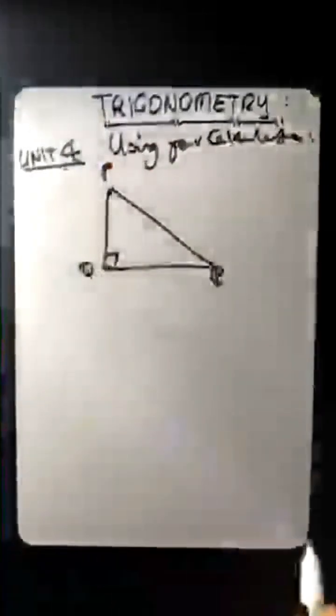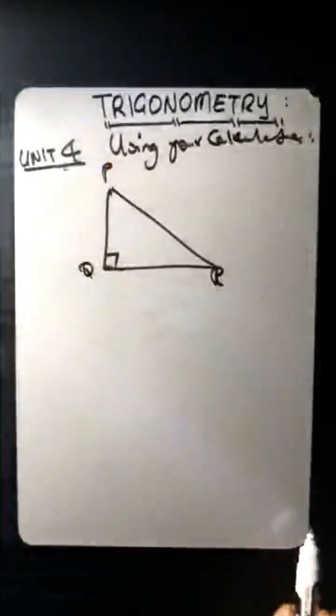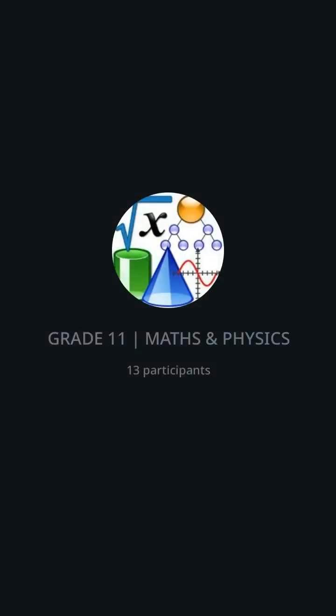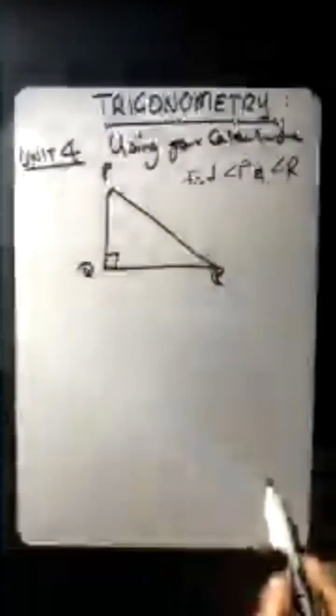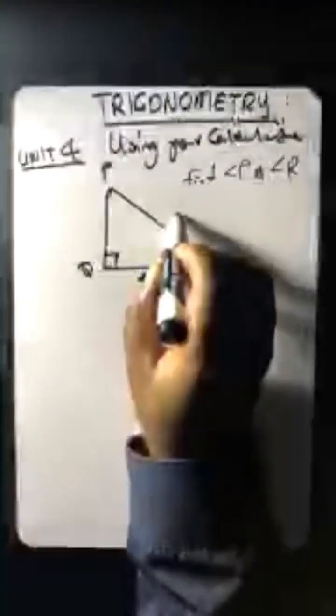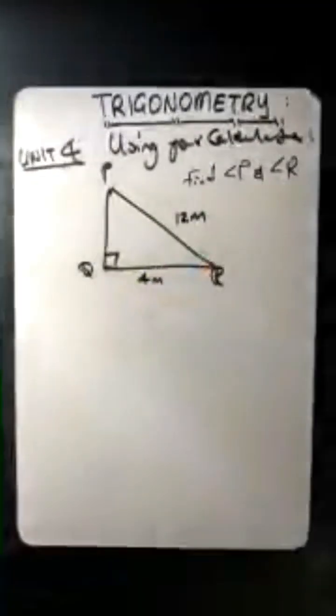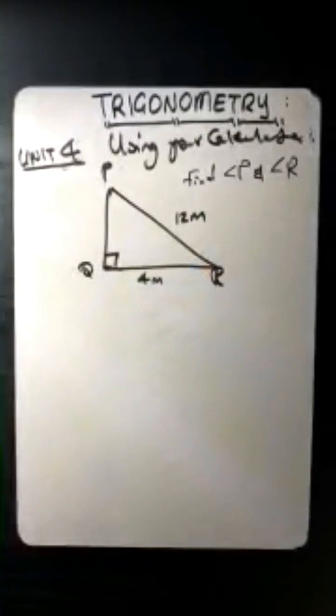Let's say this is P, this is Q, and let's call that R, and the examiner says find angle P and angle R. But most importantly, they give you this side to say it's 4 meters, and then this one is 12 meters.